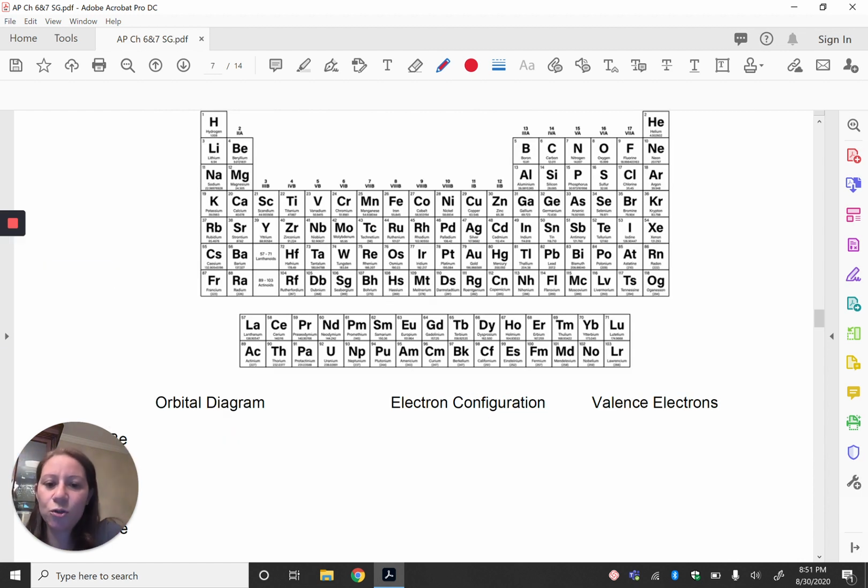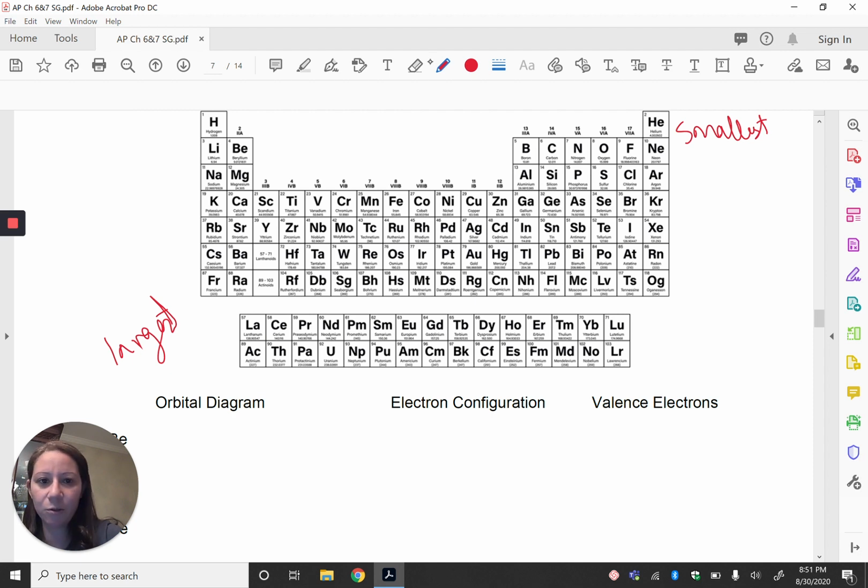So I'm going to pull up a periodic table here, and let's look at the elements that we have to compare. Remember, this is the largest corner. This is the smallest corner, and we're going decreasing size, so from largest to smallest. So let me circle all the ones that we need to look at.